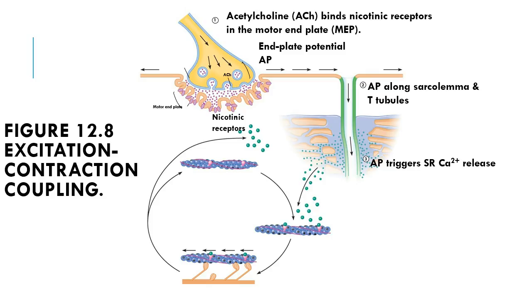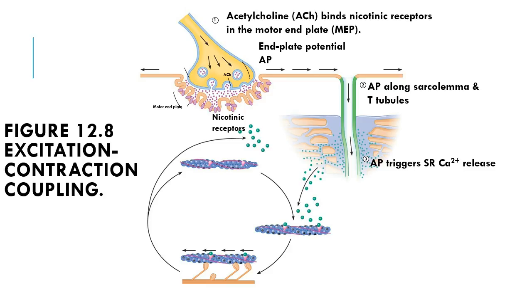Once calcium's available, then it can bind to troponins on our thin filaments. Once calcium's available, what happens? Troponin blocks, very good, the binding sites.